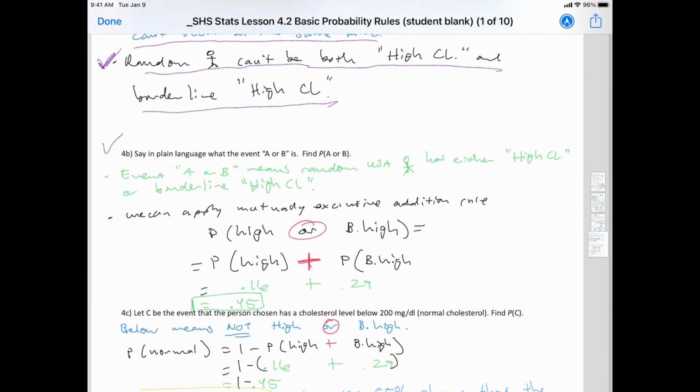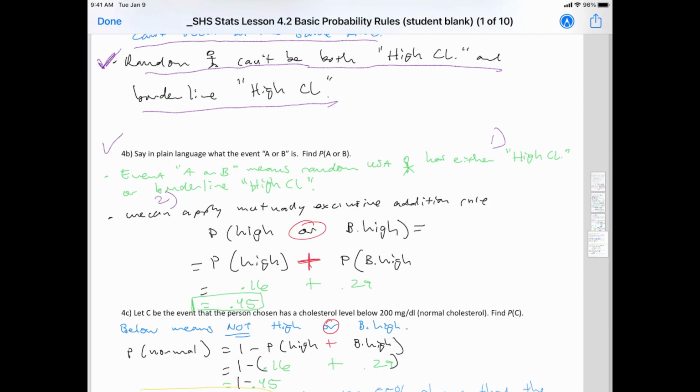4B, say in plain language what the event A or B is, and then find the probability of A or B. Event A or B means a random U.S. chosen person has either, so you can only have one choice, either high cholesterol or borderline high cholesterol. And how do you find that probability?